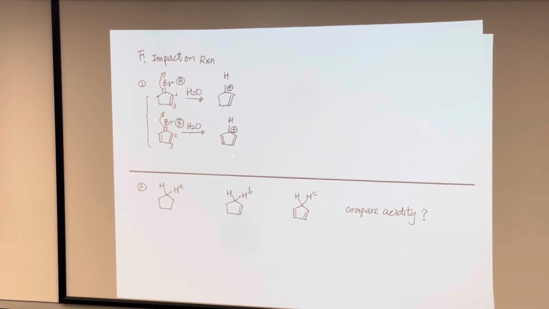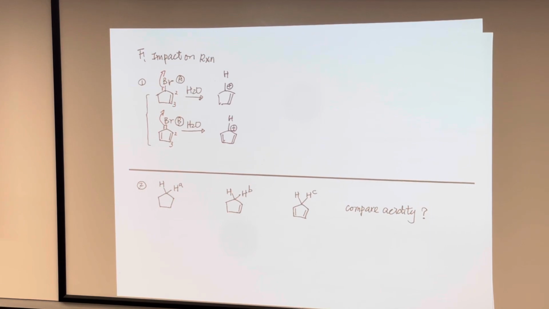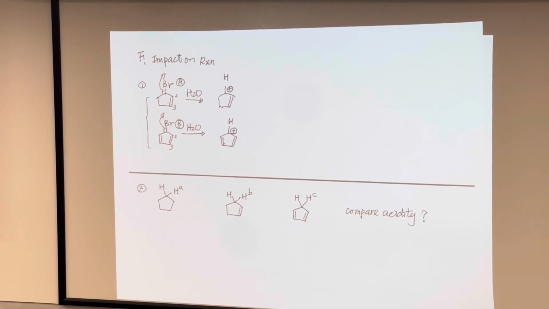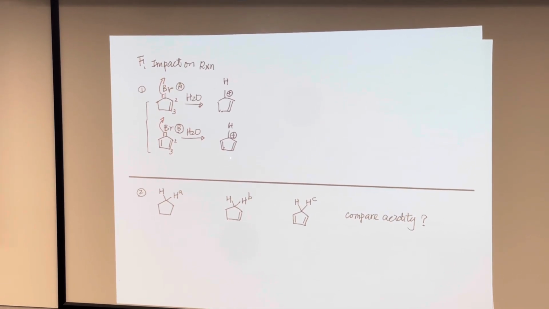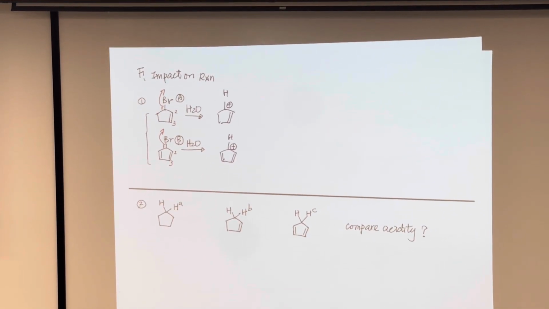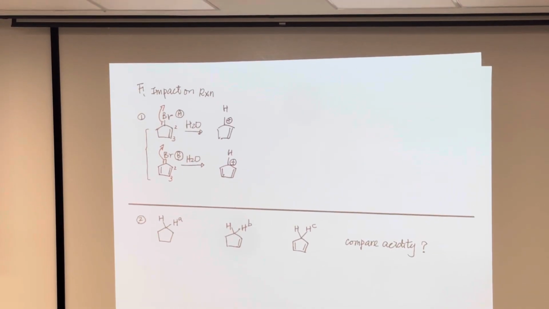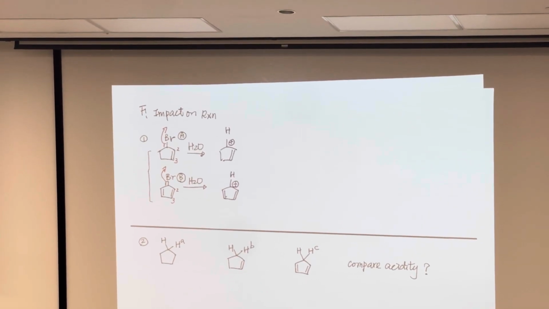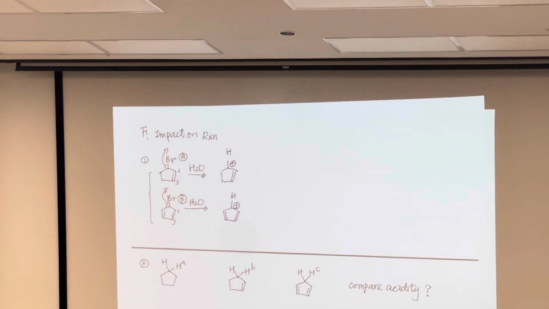What's the reason this one is less stable? Do we have a ring here? Do we have full conjugation? Is this one flat? Yes. And then how many pi electrons do we have? 4 pi electrons over there.